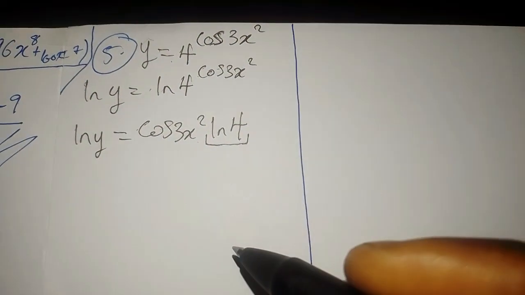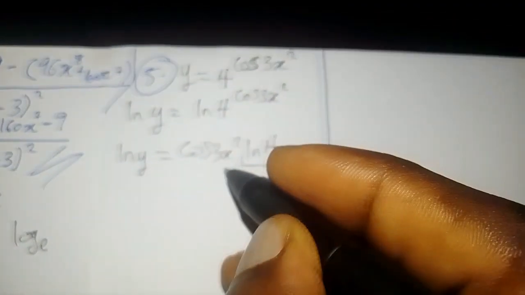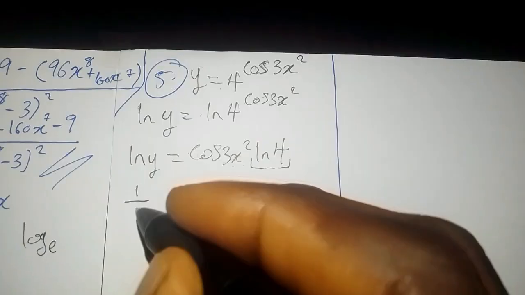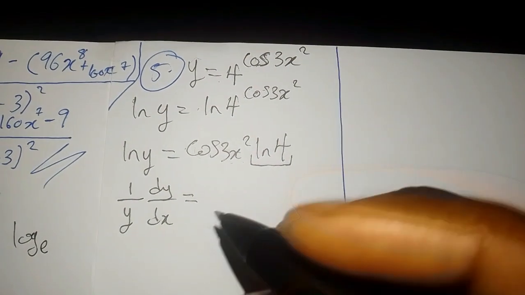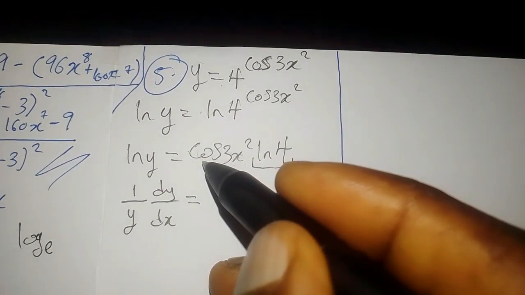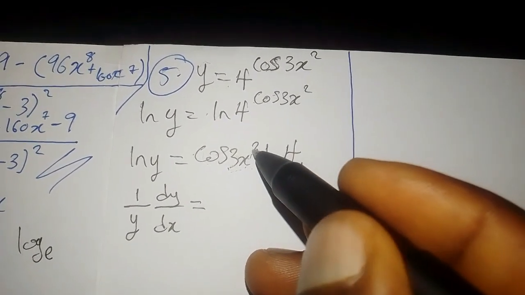So differentiating this here, let's differentiate. That's 1 over y dy/dx is then equal to, now differentiate cos 3x square. Differentiate this inside part, that will be 2 times 3, that's 6x. So 6x multiplied by, differentiate cos x, what do we have?